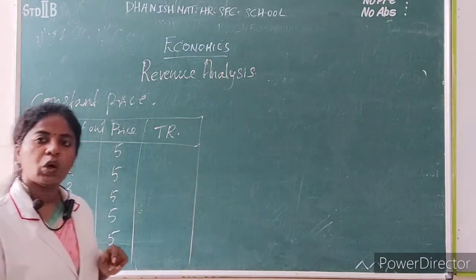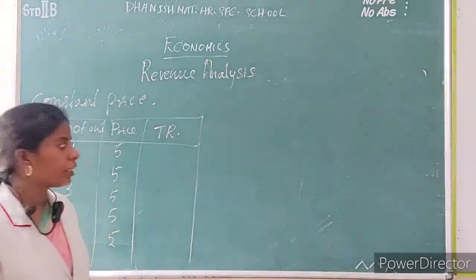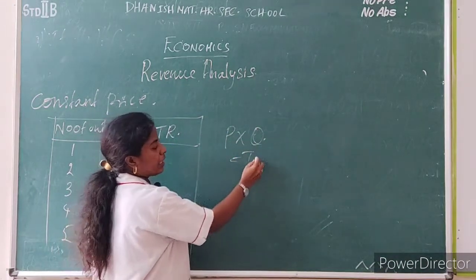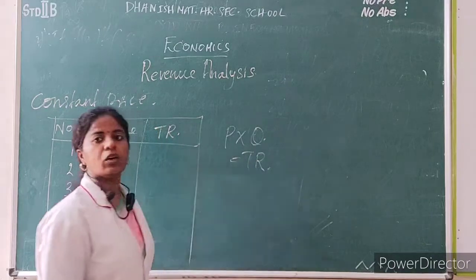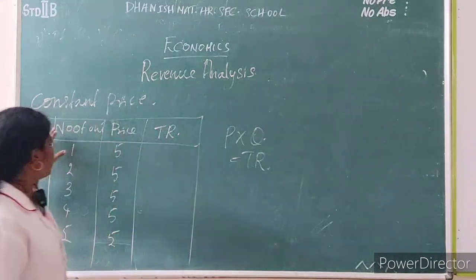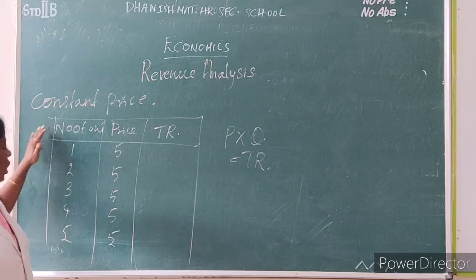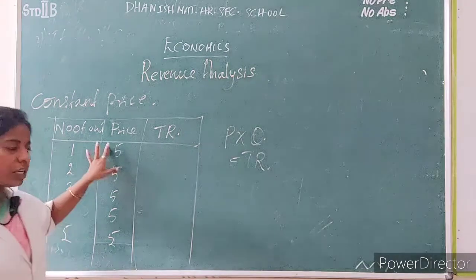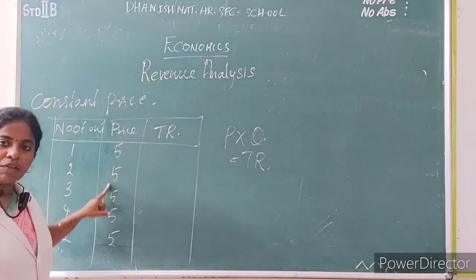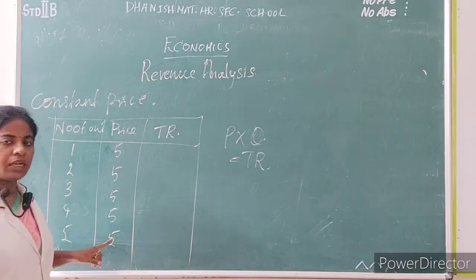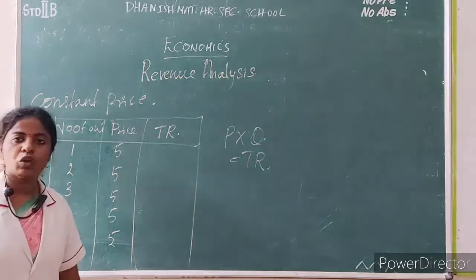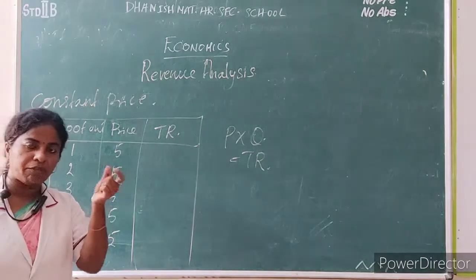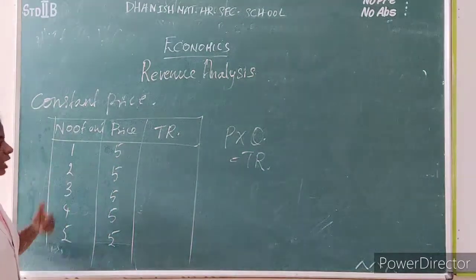So what is the total revenue? How to find the total revenue? Price multiplied by quantity, we will get the total revenue under a constant price. Okay, so see here, number of units produced. Up to 5 units have been produced, and the price is 5. So 5 is a constant price, it didn't change. Now we come to know about the total revenue, that is, the total profit we have got through sale of goods.